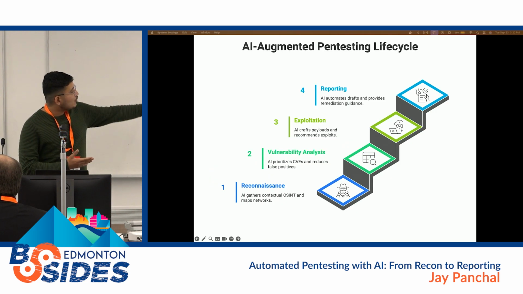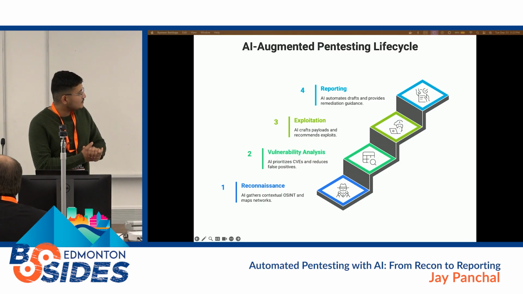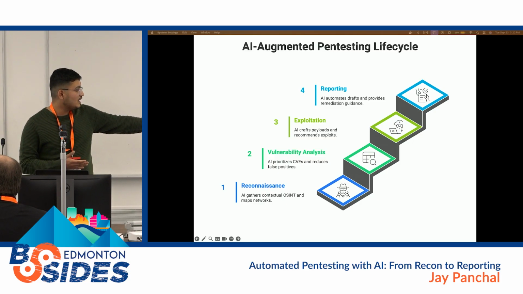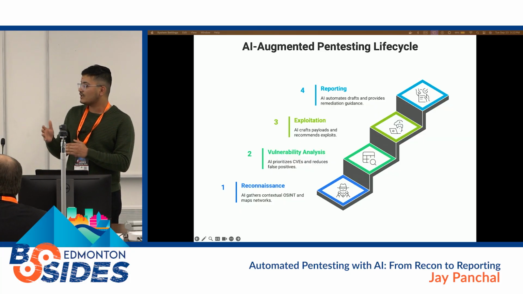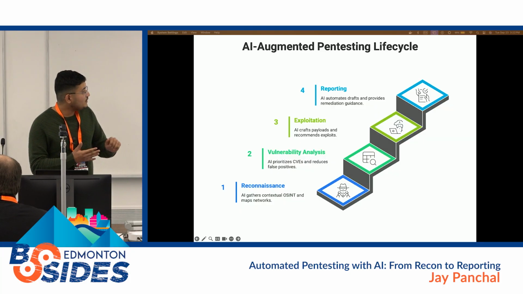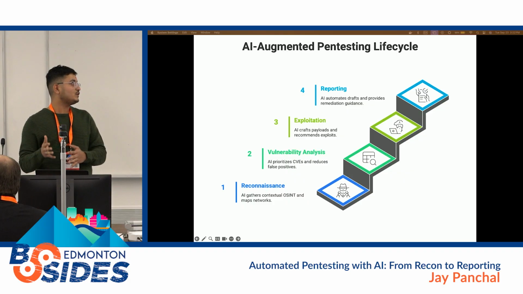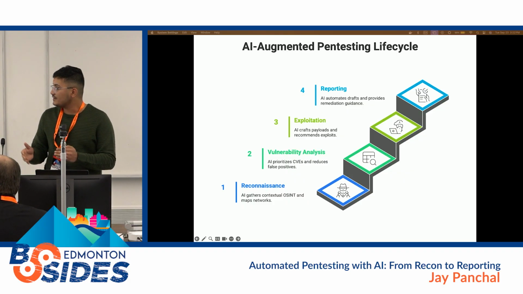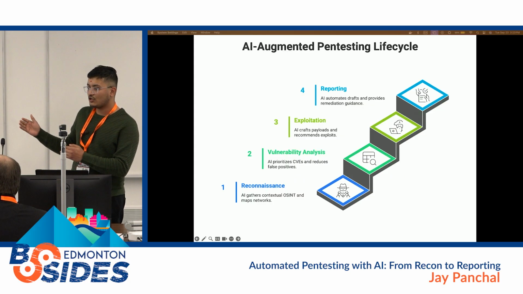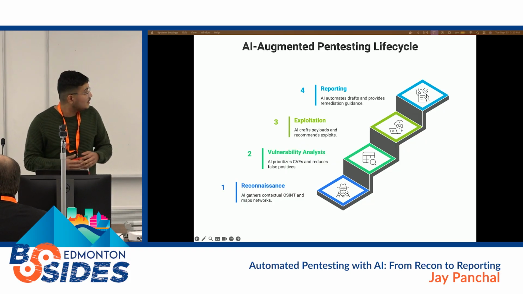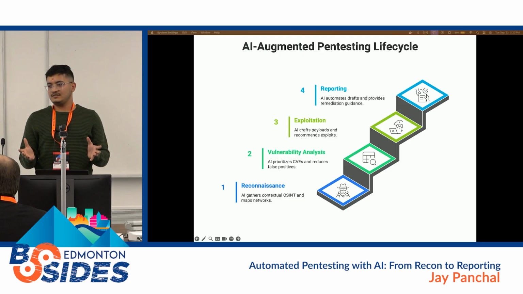My AI-augmented pen testing lifecycle works like this. First, AI helps in reconnaissance, gathering data about the whole client's services. Then it helps in vulnerability analysis: it prioritizes CVEs, reduces false positive identifications, and helps analyze logs. Then, in the exploitation phase, AI can craft payloads and recommend payloads for whatever the vulnerability is.